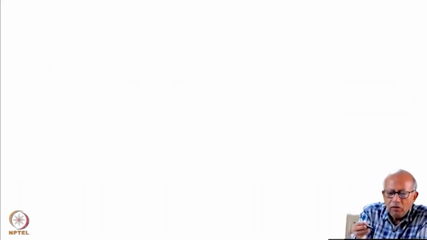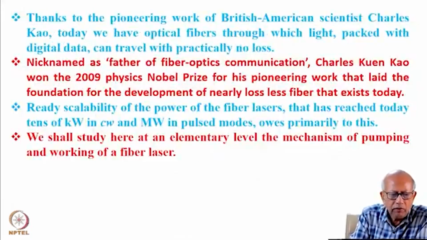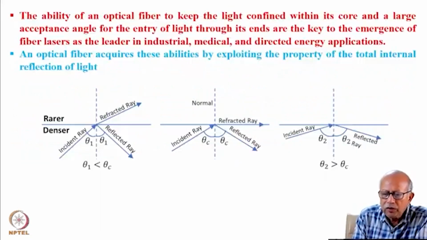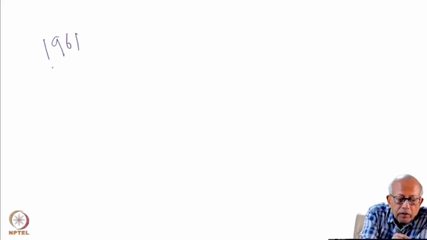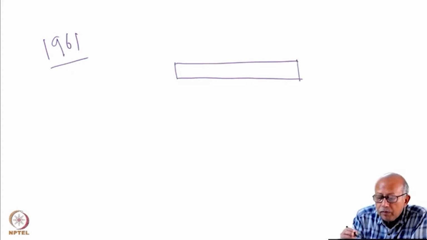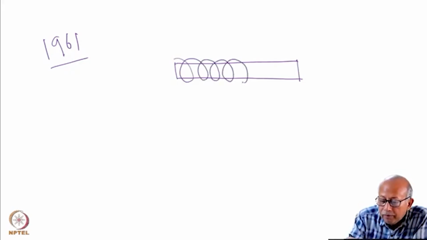I would like to mention here an interesting fact. The first fiber laser was developed by Snyder in 1961. He used a flash lamp and wound the glass fiber around it like a spiral.